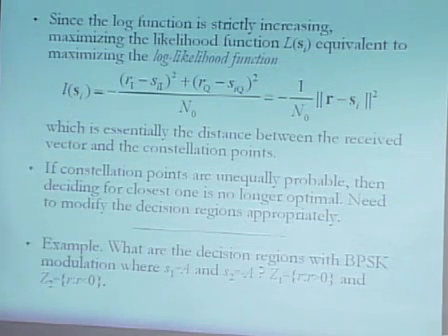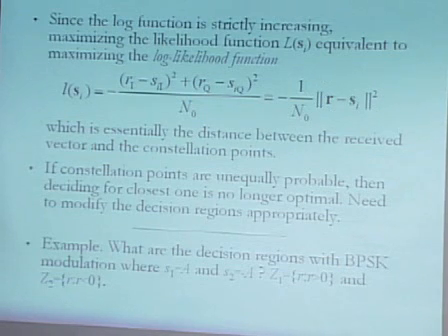Now remember, we saw a few minutes ago the notion of distance between two vectors. This is exactly the distance between vectors r and s of i, squared. So this is distance squared. So essentially, we've shown that the optimum receiver chooses the s of i that is closest to r, right?